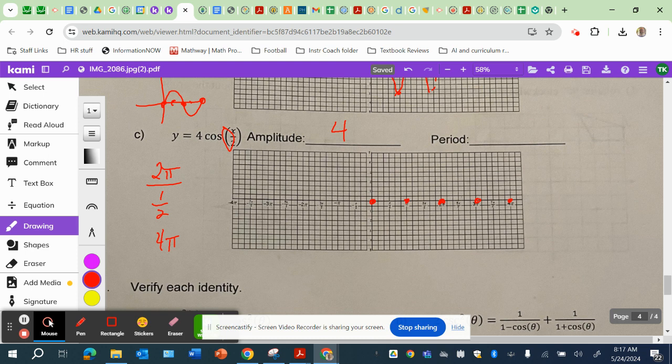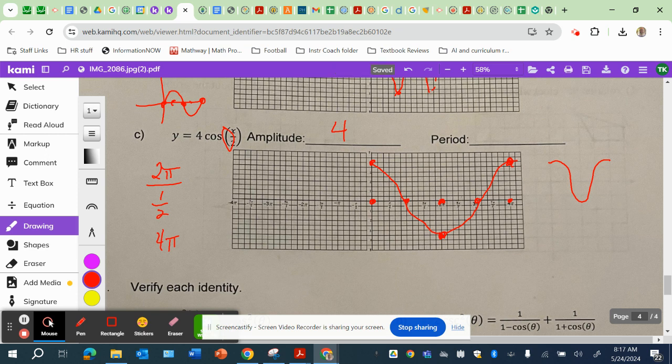So since the amplitude is 4 and the graph of the cosine looks like that, I start at 4 and I end at 4. I'm going to get all the way down to -4 in the middle. That's where it turns around.